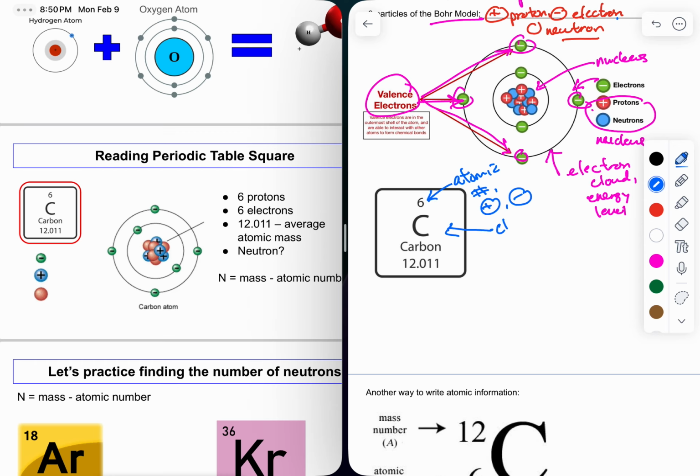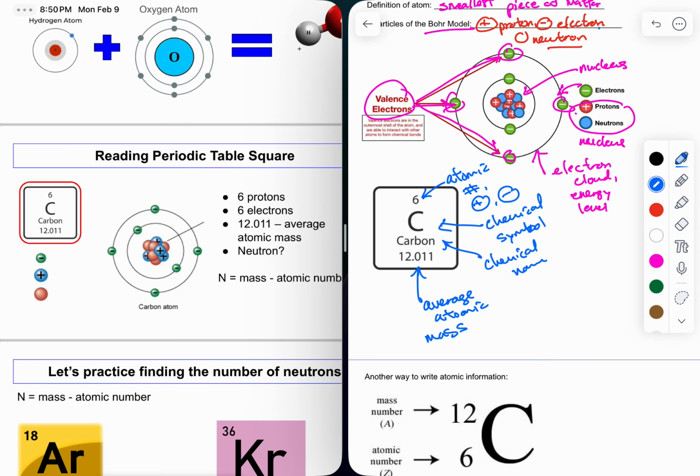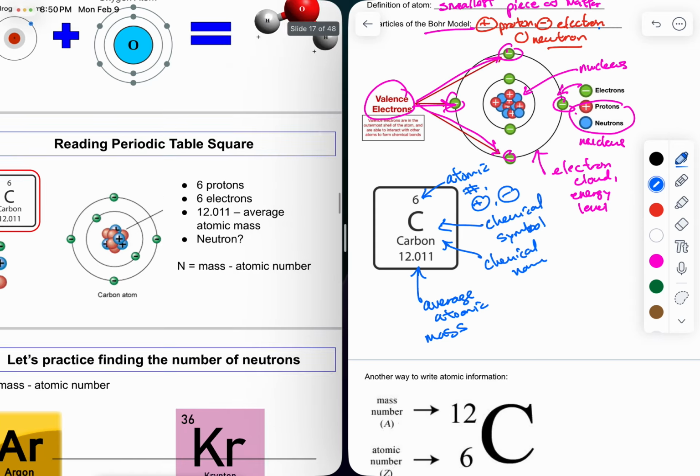This is the chemical symbol. And here is, of course, the chemical name. And lastly, this is the average atomic mass. So it tells us a lot of information at the same time.